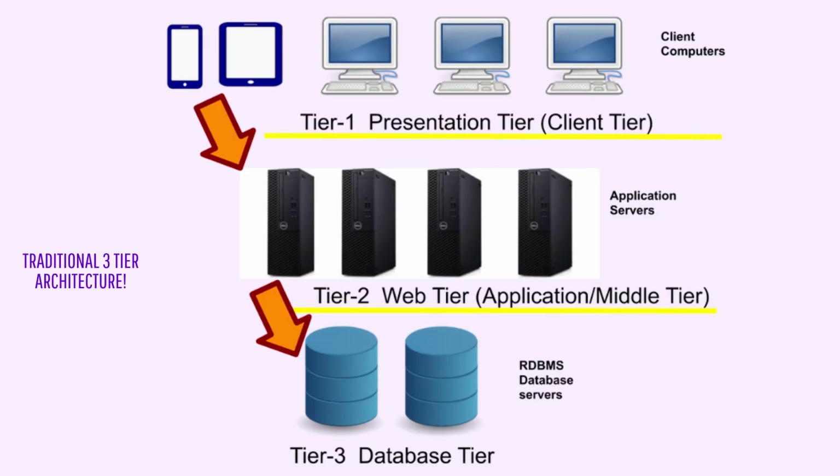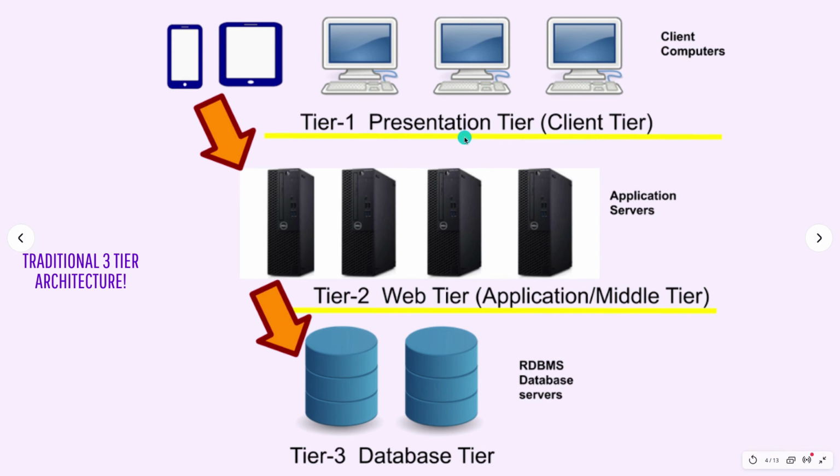So what exactly is a multi-tier application? Here is an example of a three-tier architecture typically used by e-commerce websites like Amazon, for example. This three-tier architecture consists of a presentation tier, a web tier, and a database tier.